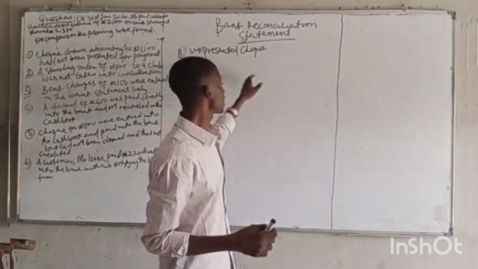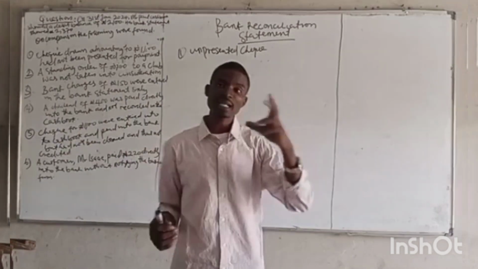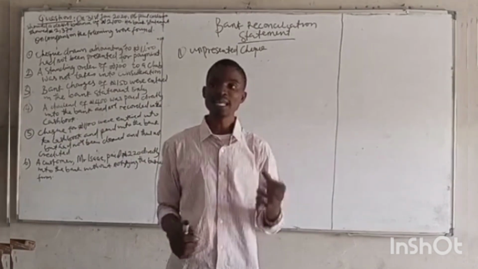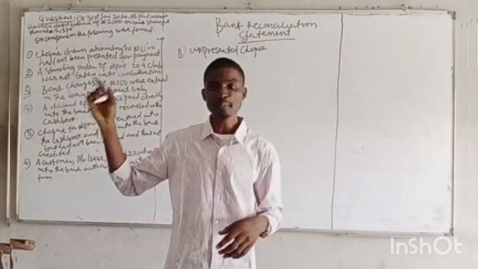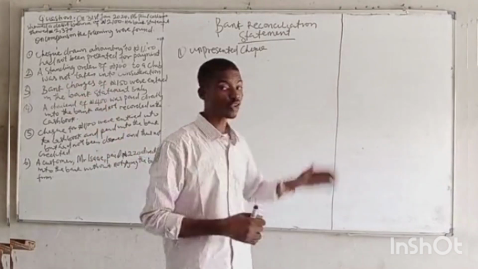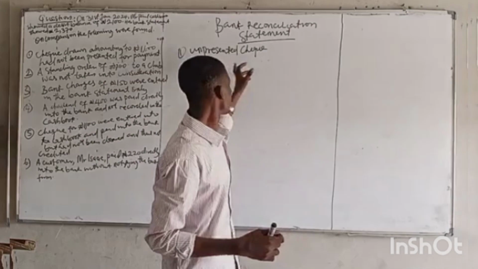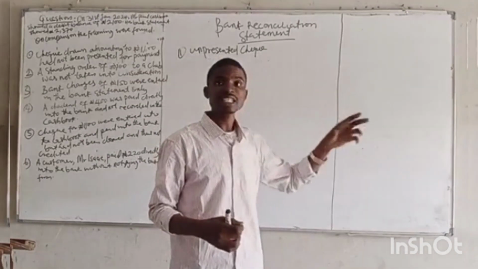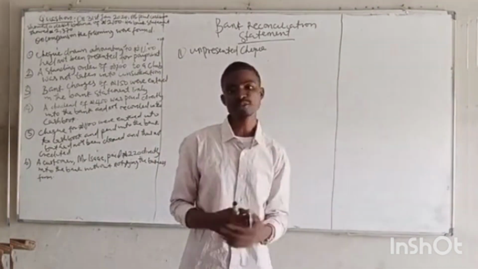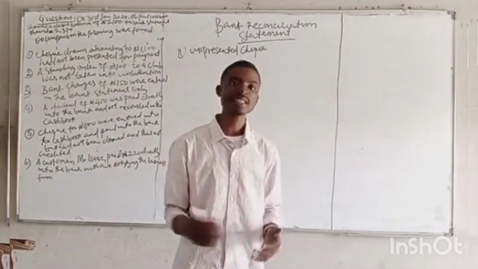So the effect is that the balance of the cash book will be lesser than the balance of the bank statement. And so to correct it, the value for the unpresented check is going to be added back to the cash book in order to reconcile the differences.